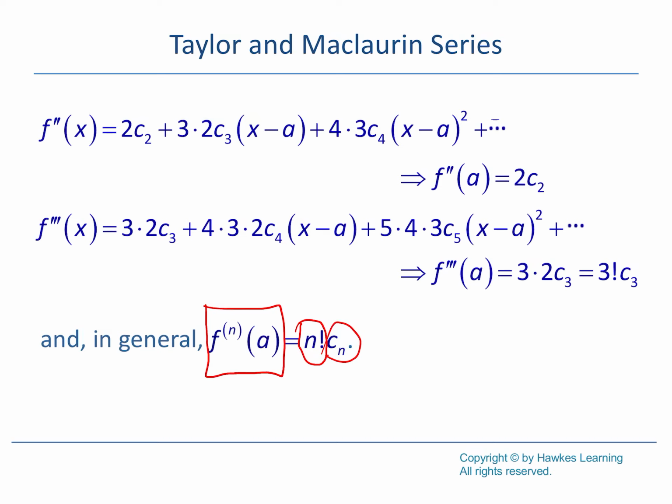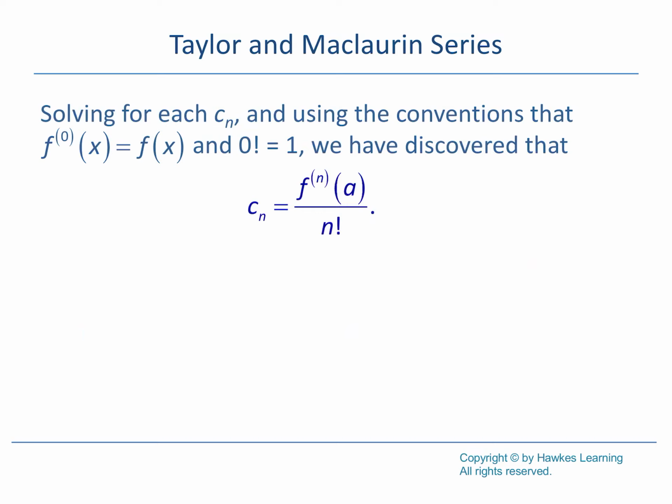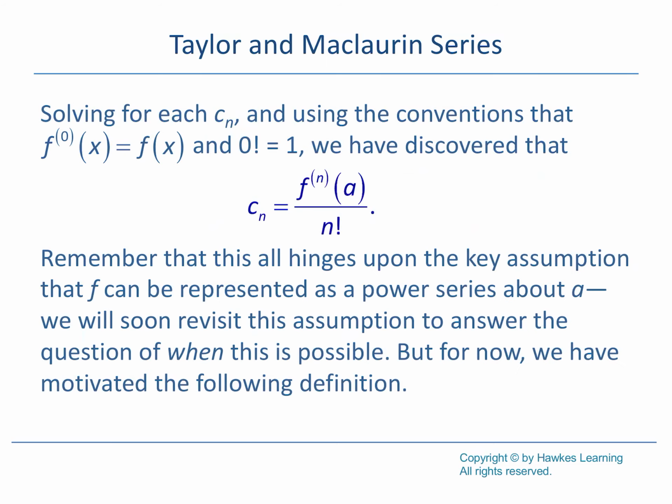In order to solve for said coefficient, we just divide both sides by n factorial, and we get this. And so this is how we find the coefficients in the Taylor series that we're going to be looking at today. We take the nth derivative, we evaluate that nth derivative at a, and then divide it by n factorial, based on successive applications of the power rule.